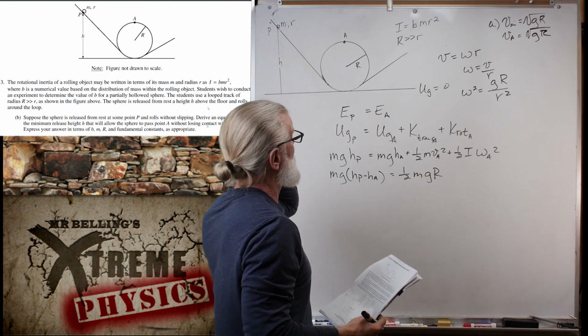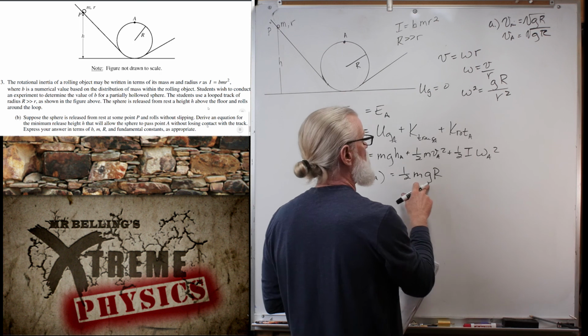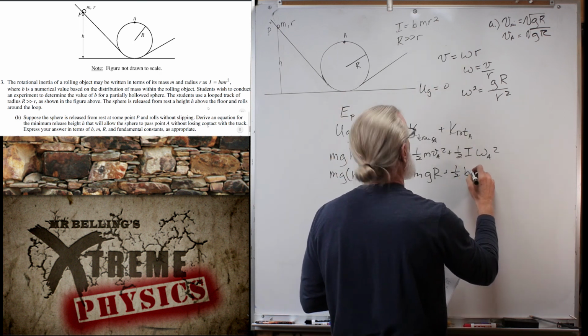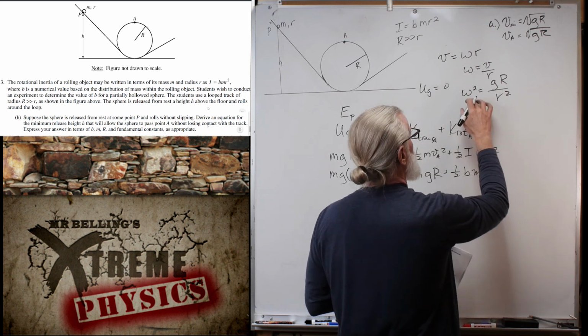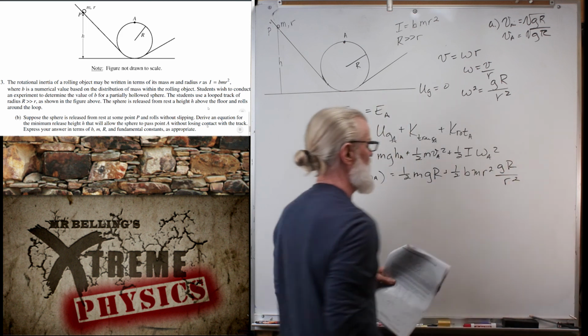It's really v_A, v at position A, plus 1/2 times I, which is b m r squared, times omega squared, which is g R over r squared.